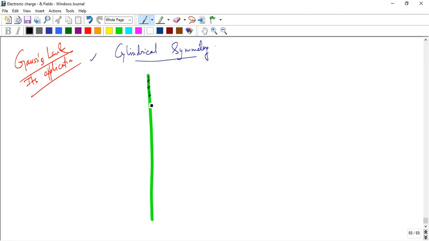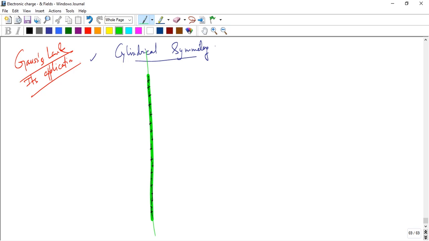It is an infinite line, infinitely long in that direction. A long wire actually, and this wire contains a positive charge.